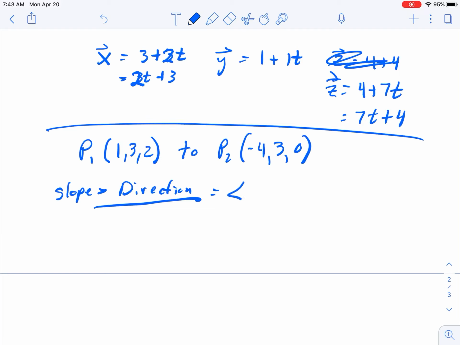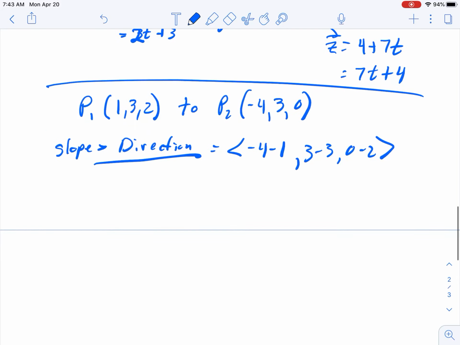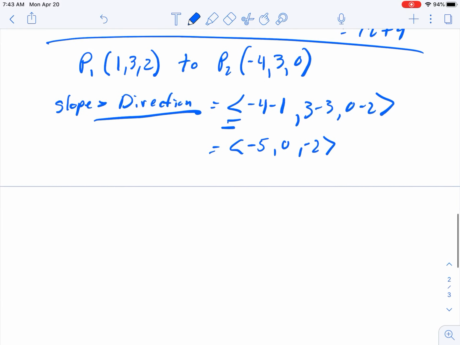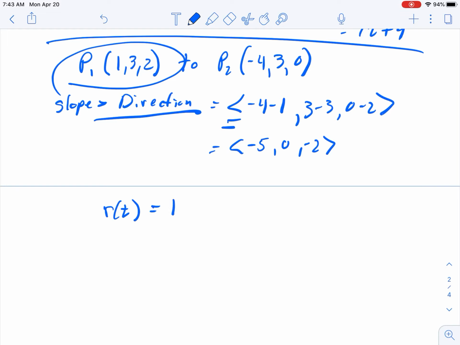So your slope would be negative 4 minus 1, 3 minus 3, 0 minus 2. Make sure you use the correct notation. So you have negative 5, 0, negative 2. And since I'm starting with this point here, my r of t would be 1, 3, 2 plus my slope, negative 5, 0, negative 2, times t.